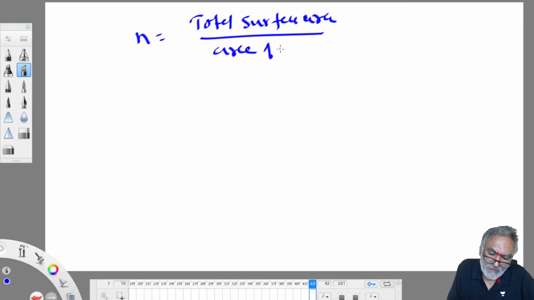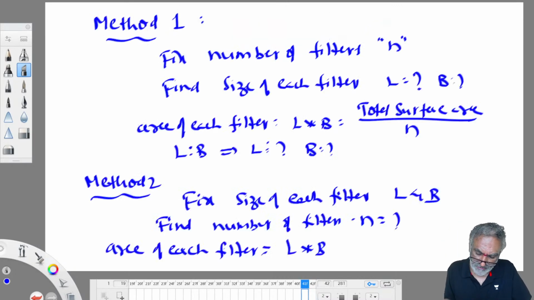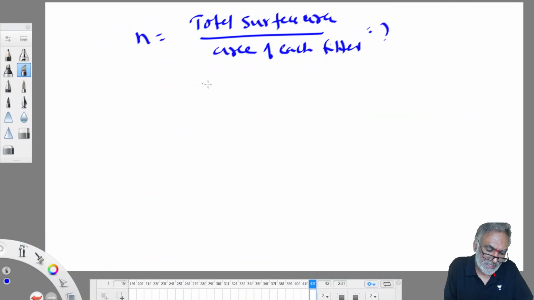So this will give the number of filters required. Okay, that's how we can work it out. One or two filters extra we provide as standby if mentioned. Otherwise we ignore. That's all. This is a slow sand filter.